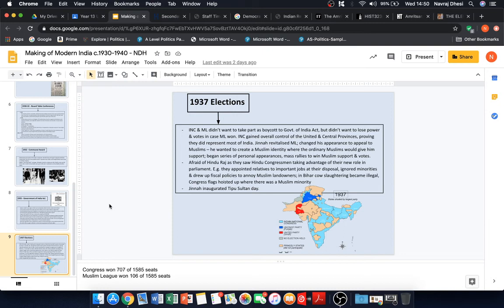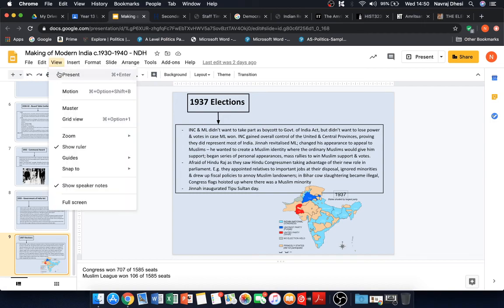Initially, Congress and the Muslim League didn't want to take part, as a boycott of the Government of India Act, but they didn't want to lose power and votes in case the other side won. Congress gained overall control of the United and Central provinces, proving they did represent most of India.